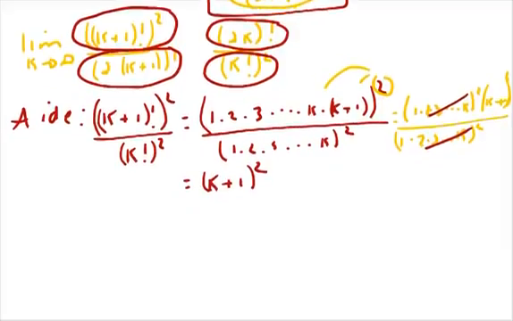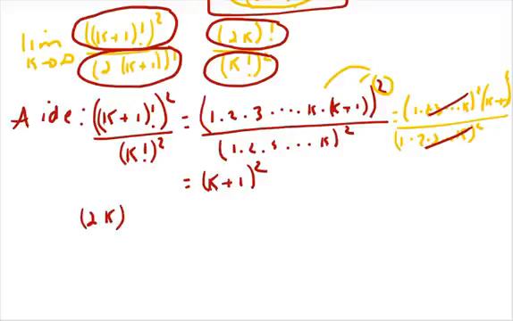Let's look at the other two pieces, the factorials of 2k and 2k plus 2. So I'm going to pull this out next and look at (2k) factorial over (2k plus 2) factorial. If I work on this, the numerator, remember the factorial is taking whatever is inside.